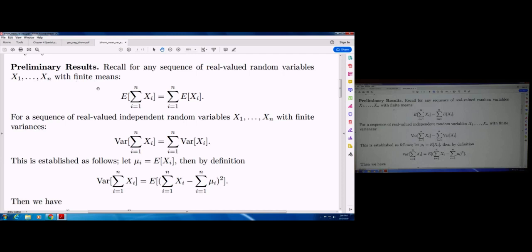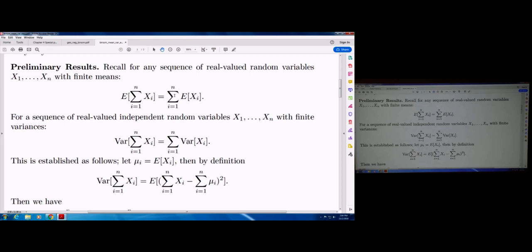Then what we have seen in lectures already is that the expectation of the sum of these n random variables, little n is known, there's no stochasticity, is equal to the sum from i equals 1 to n of the expectation of each of those random variables. That basically follows because integration or summation is a linear operator, if that helps you.